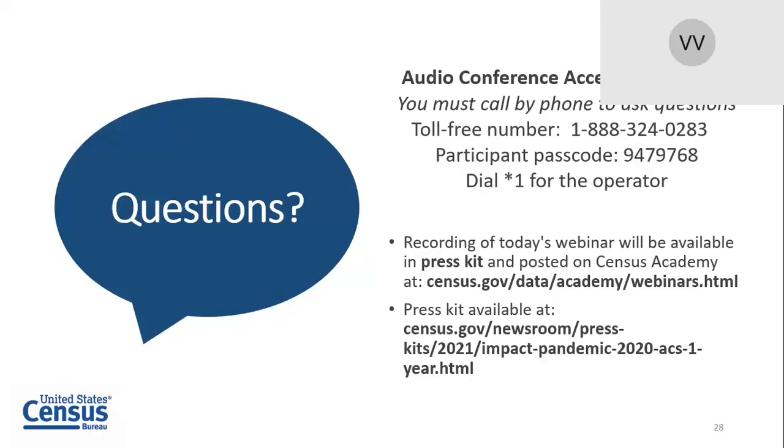I saw that the past years of the ACS 1-year and the past supplemental estimates have changed their name to vintage estimates. What does that mean? Will they eventually be revised, or are they never revised, along with the population estimate program revisions that they make each decade?